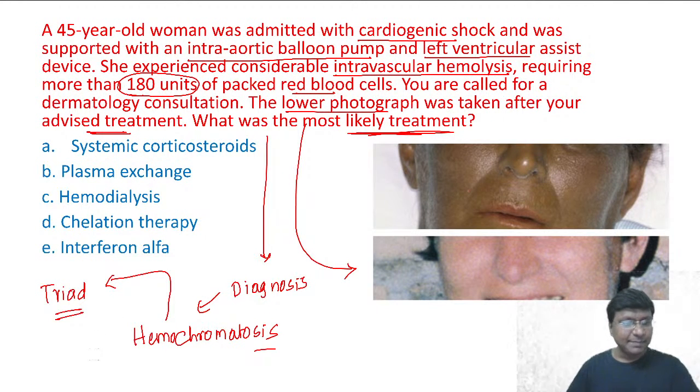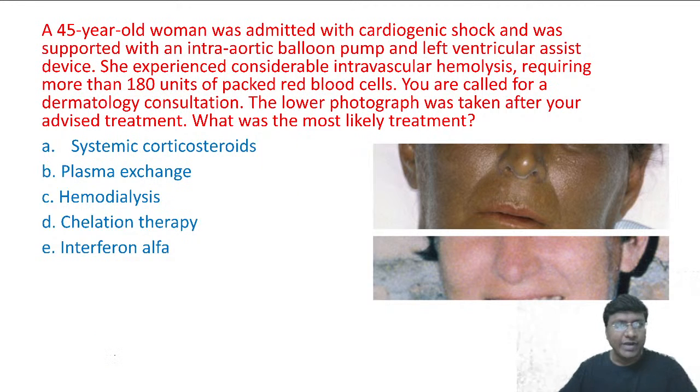now this particular patient had secondary hemochromatosis. Now, can anyone tell me what is secondary hemochromatosis? Why did she develop secondary hemochromatosis? Any one of you? What is the underlying precipitating event?